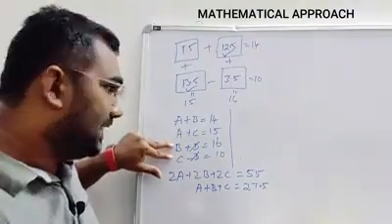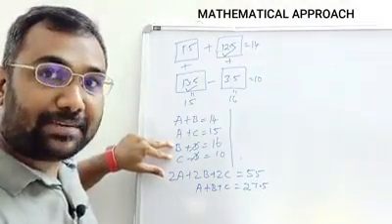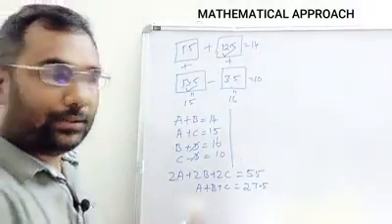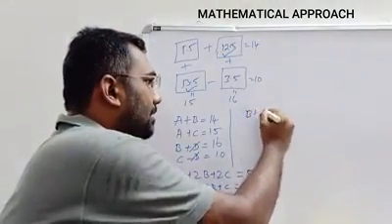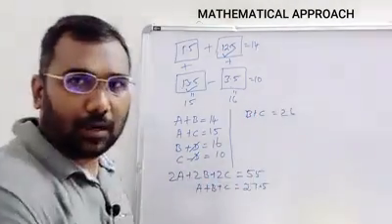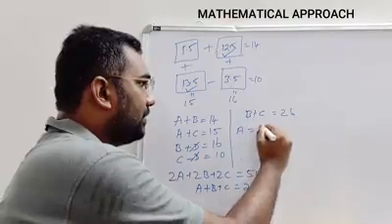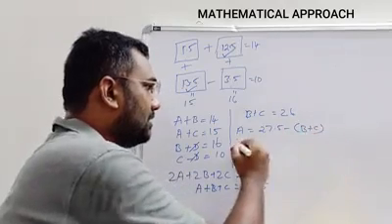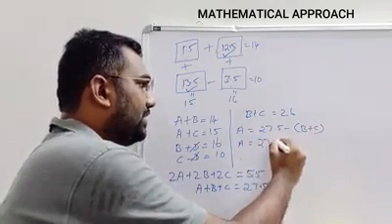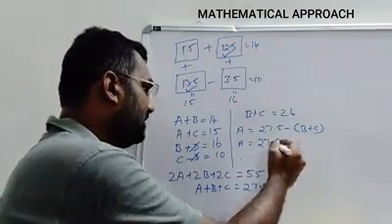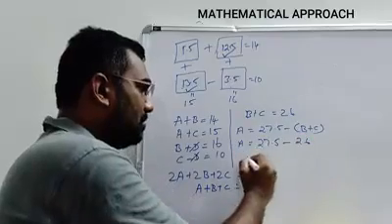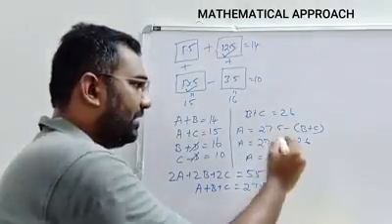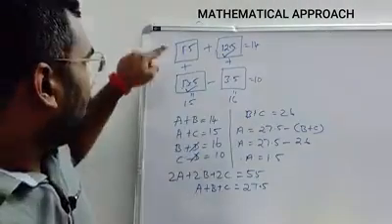Next, if you add these two equations, you will get B plus C is equal to 26. Now, the value of A is equal to 27.5 minus (B plus C). So, A is equal to 27.5 minus 26. So, A is equal to 1.5. A is equal to 1.5.